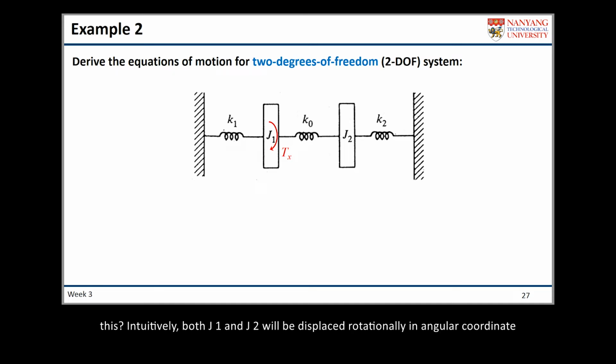Of course, intuitively, both J1 and J2 will be displaced rotationally in angular coordinate independently. So let's say J1 is rotating in a clockwise direction by θ1 and J2 is rotating also in a clockwise direction by θ2.